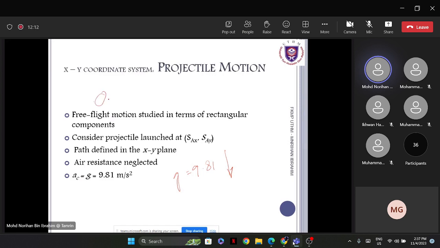Let's say we have this kind of ball. We kick this ball, applying this force, it will travel simply like this from one position to another. Let's say this is the initial position 1 until it reaches position 2. So the path of motion is considered a curvilinear path of motion. We call it a trajectory motion or projectile motion for this kind of ball.